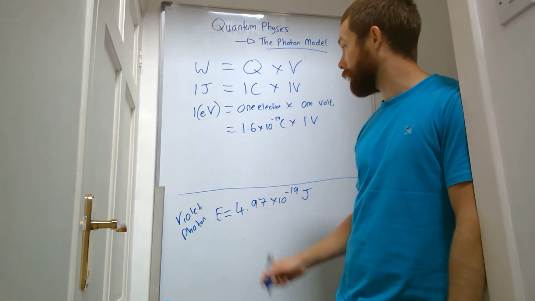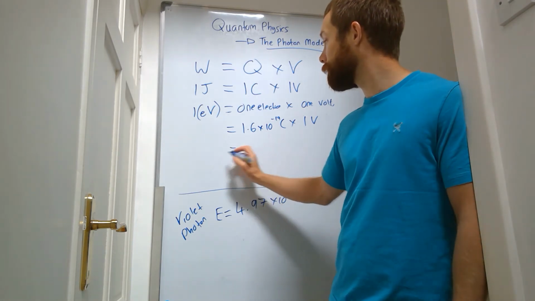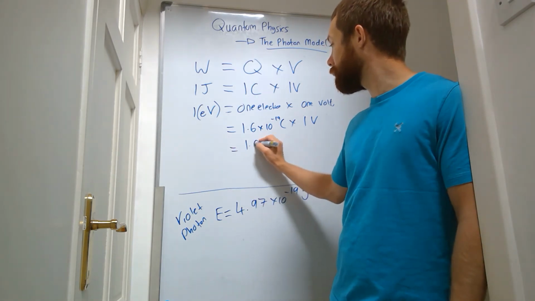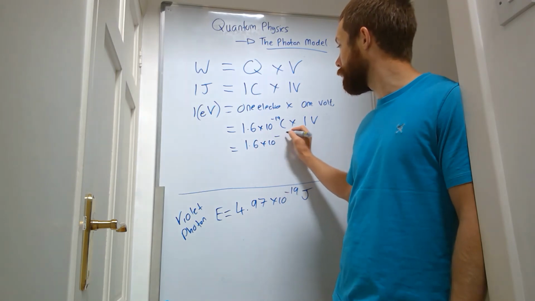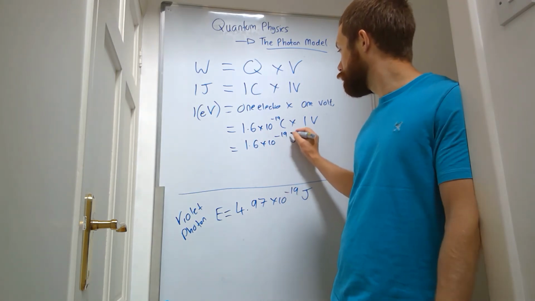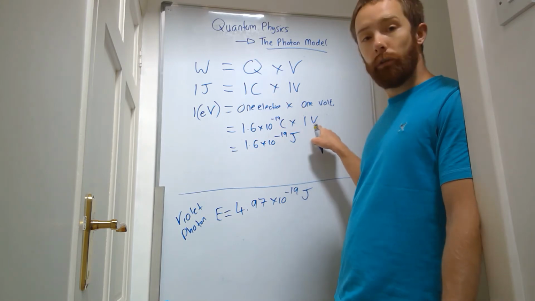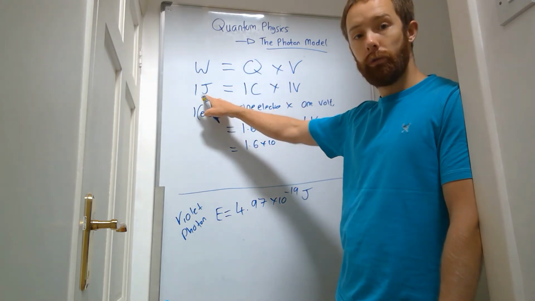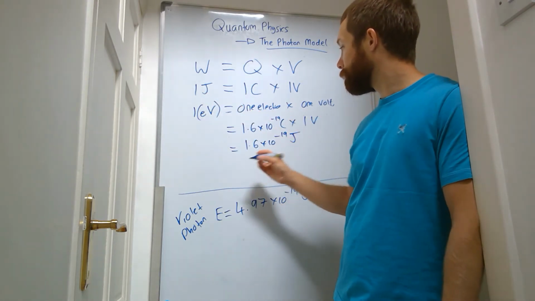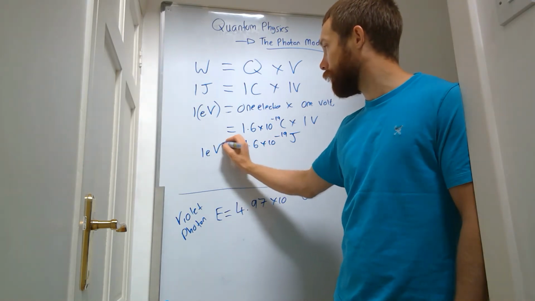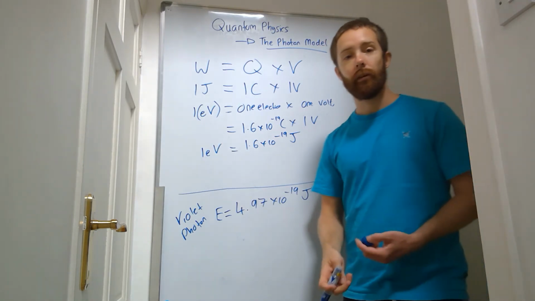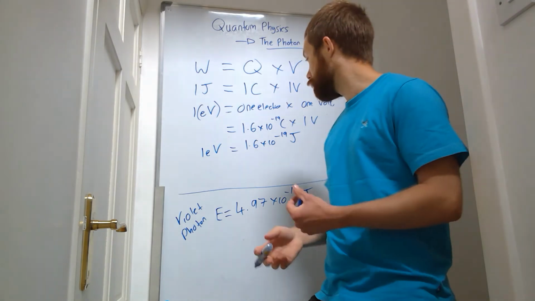It's a very easy calculation. It's going to give us 1.6 times 10 to the minus 19 joules. Okay, so 1 electron volt is equal to 1.6 times 10 to the minus 19 joules.